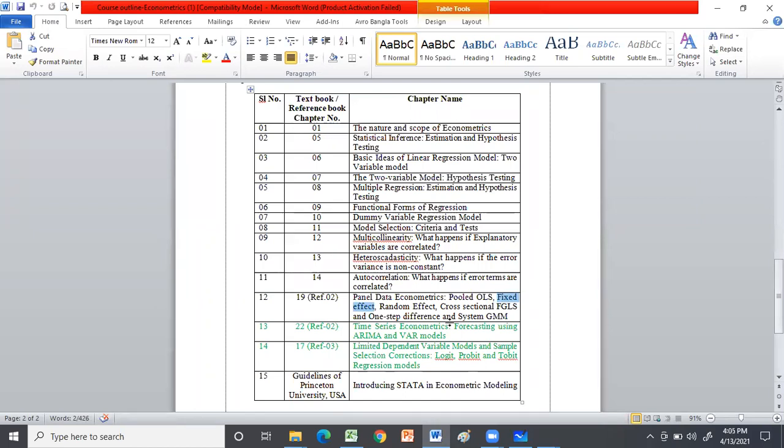I repeat, in the fixed effect model there are two assumptions. The first assumption is that the constant or intercept we will estimate from the model will not vary across time.